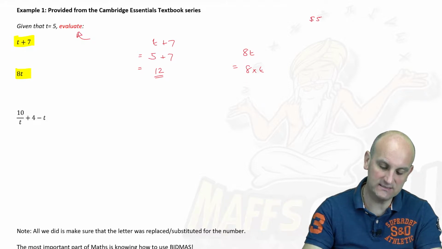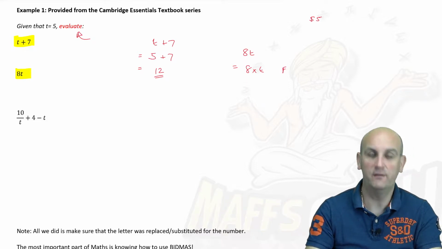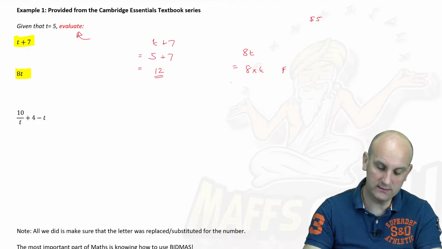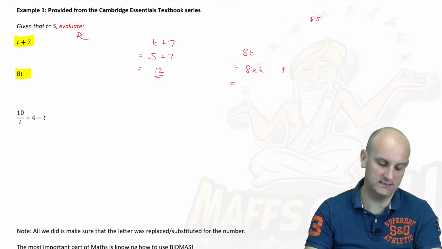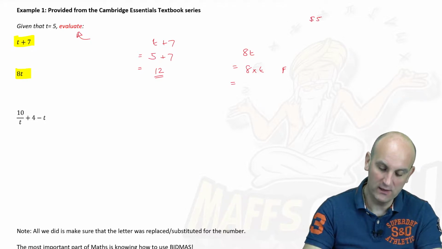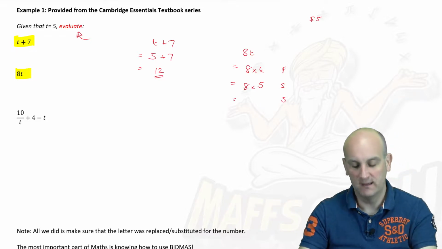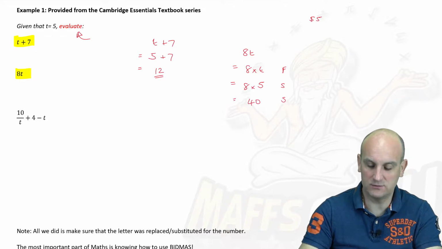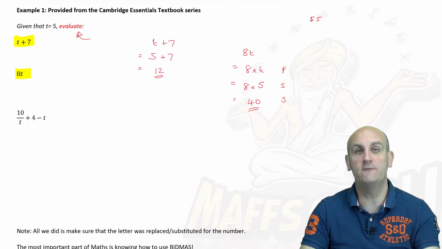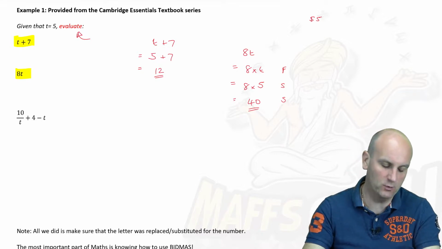So 8 times t, so there's my formula. And now I'm going to substitute, as in take the value, t equals 5. So where I see a t, I'm going to write the value 5. All right, that is a 5, not an s. And now solve or evaluate. So 8 times 5, again, when I went to school, was 40. And I've done that. I've evaluated. I've got a value. Oh, getting harder.